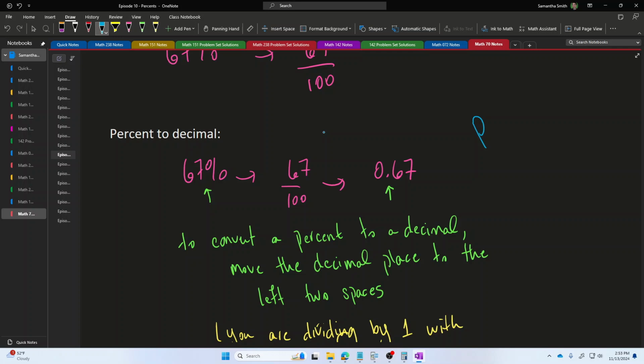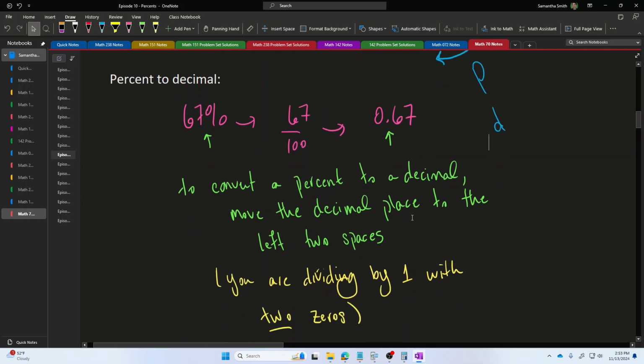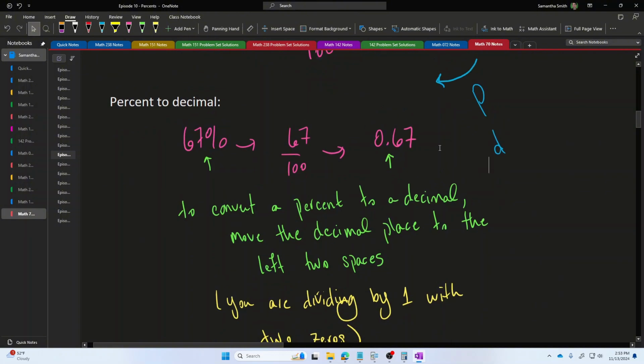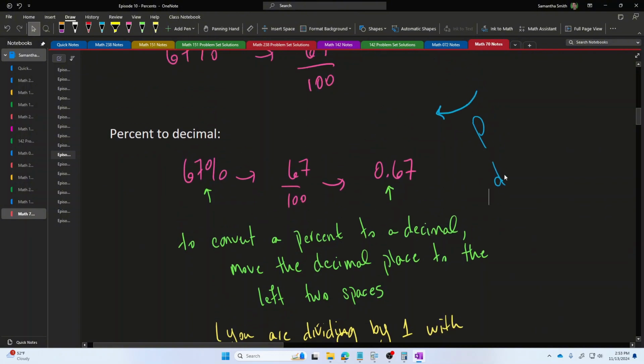And so if I wanted to turn this letter P into the letter D, then that letter would have to turn to the left in order for this little lump to be on the left side, like it is in the letter D. So since P had to turn to the left in order to become the letter D, then that is my reminder that I have to move the decimal place to the left to turn a percent into a decimal.